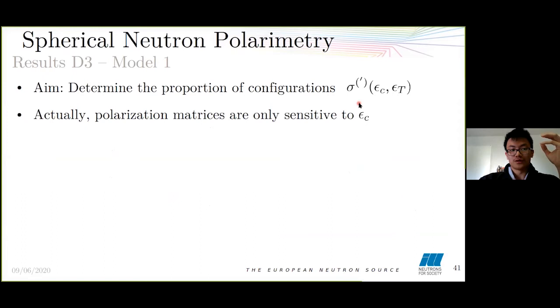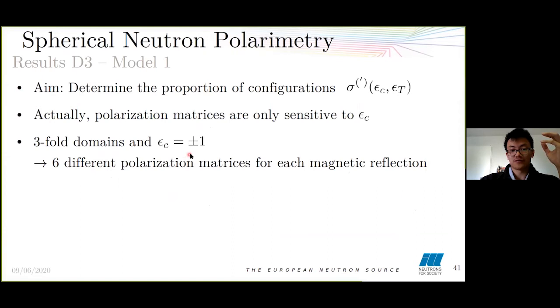We also know that the polarization matrices are only sensitive to the cycloidal chirality. So at the end, we have only two values of cycloidal chiralities and the threefold domains that we have shown before. So we have at most 6 different polarization matrices to mix for each magnetic reflection.